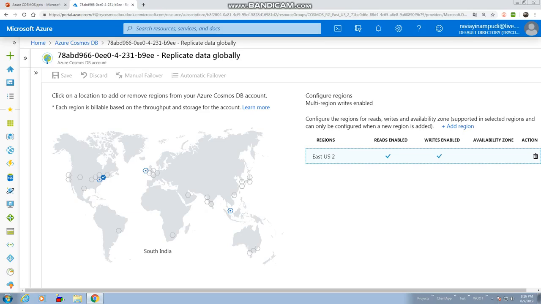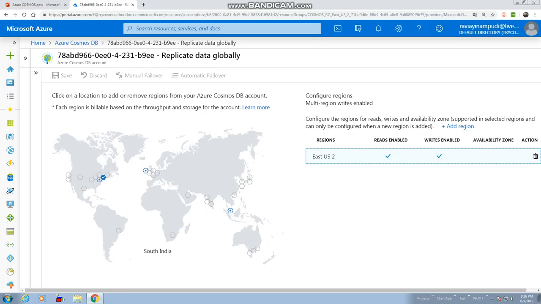So let's focus on multiple read regions and understand how they work. You'll have your data centers across the globe, and whenever you make a transaction you expect that transaction to get reflected across the multiple data centers you selected throughout the globe.